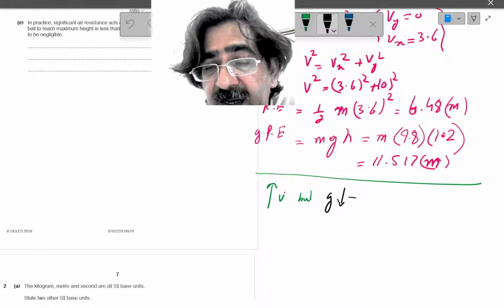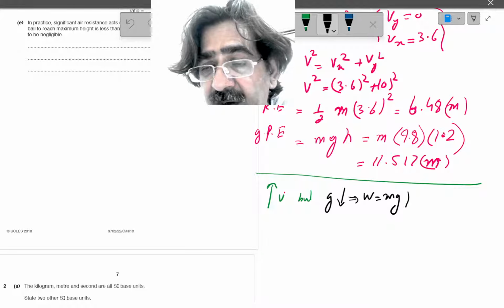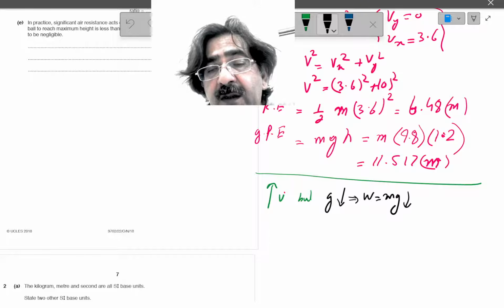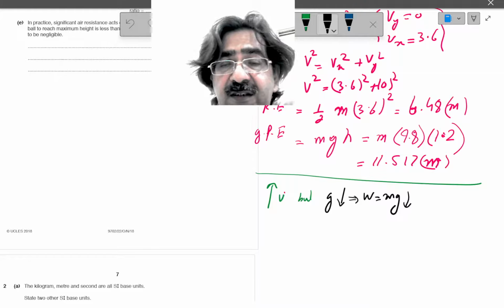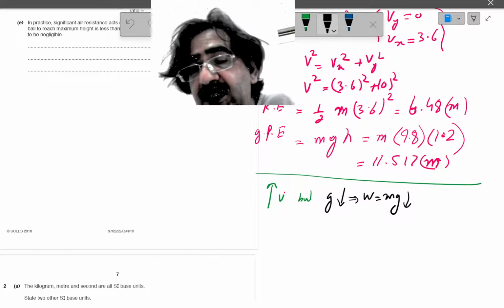This weight, mg, is directed toward the ground or earth, so it is also downward, and it will resist and reduce the velocity.